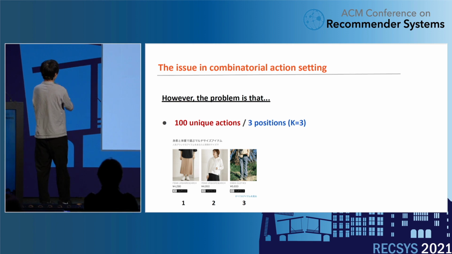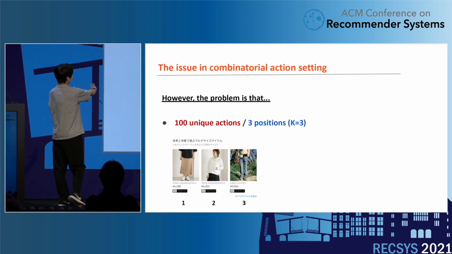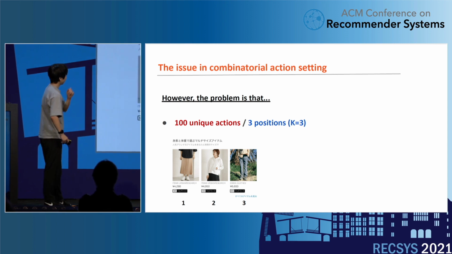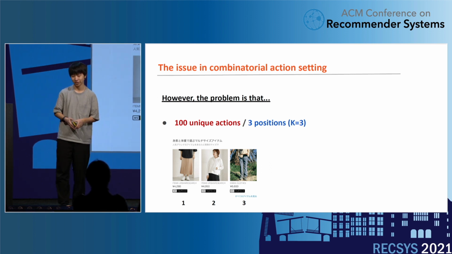So we have 100 unique actions and 3 positions. What we have to do here is pick 3 different actions from 100 unique actions, and then we reorder the 3 actions, and then we have one list of recommendations. That's the situation here.